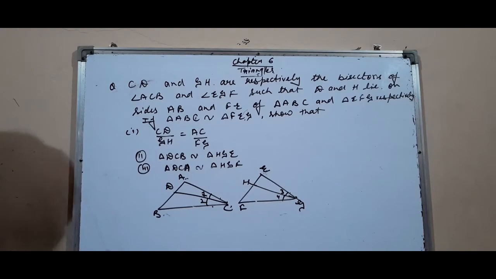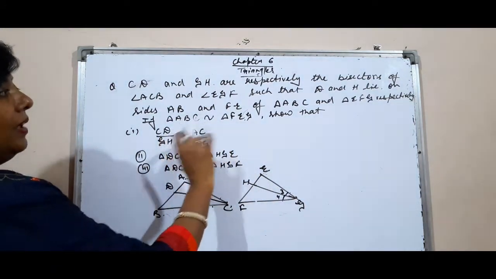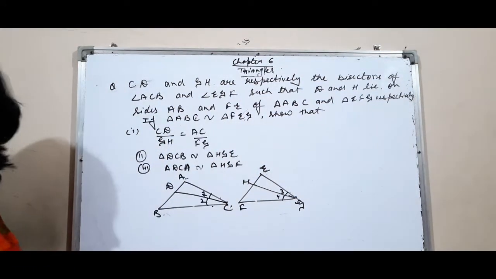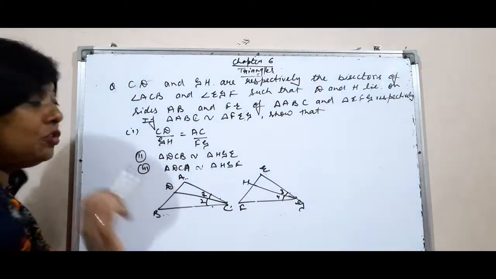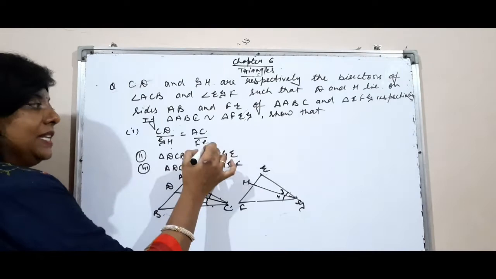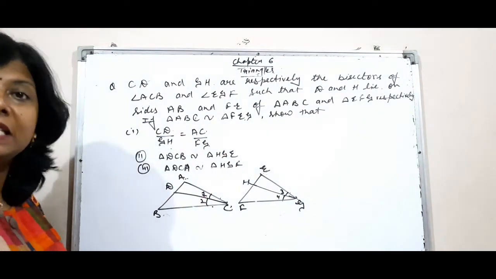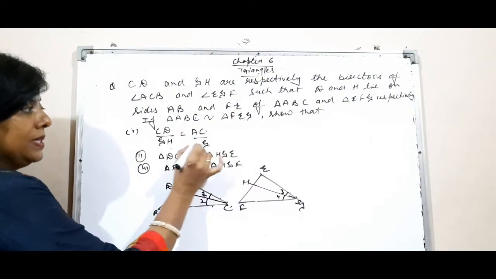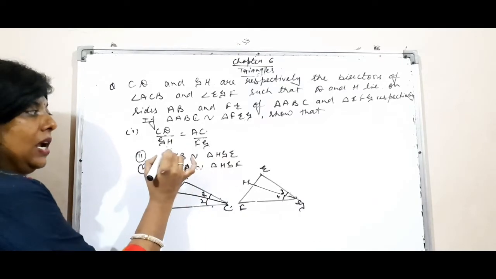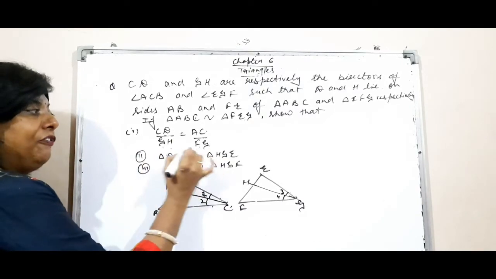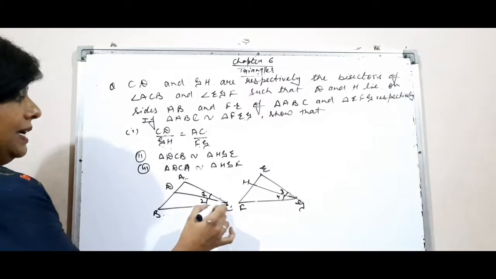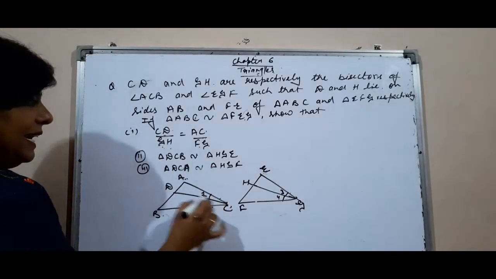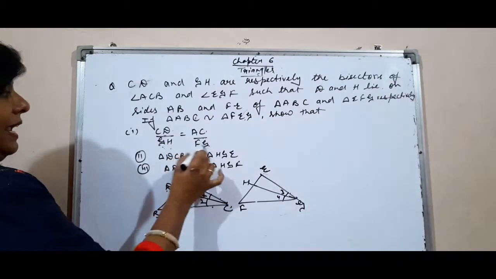Now we have to prove that triangle. It is also given triangle ABC is similar to triangle FEG. आपको प्रूव करना है, you have to prove CD upon GH equals to AC upon FG. कैसे पता करते हैं? देखो ऊपर से देखो, ACD और FGH आपको ट्राइंगल सिमिलर करने हैं. कौन कौन से? ACD और EFG.